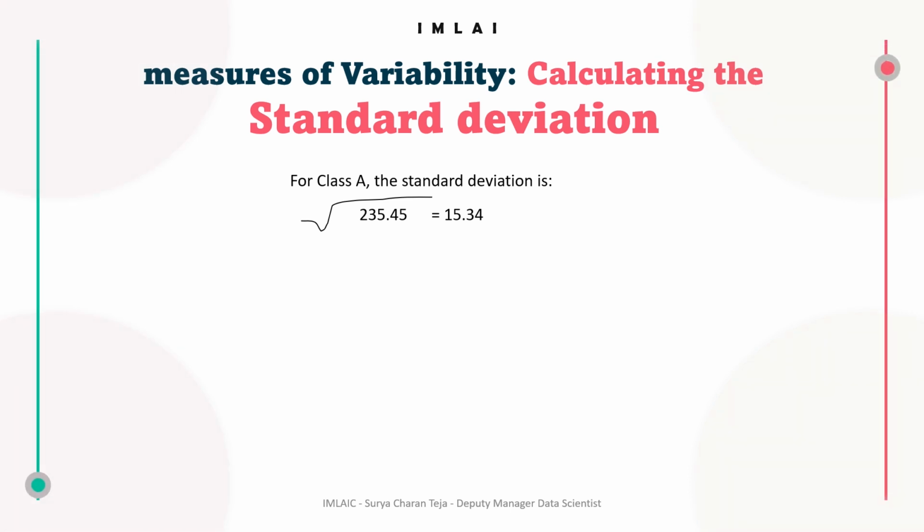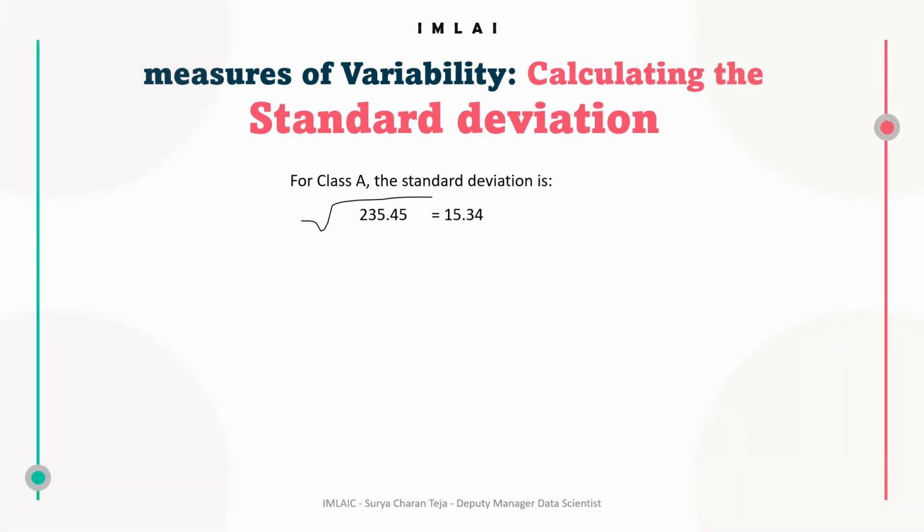What does it mean? When the variance was 235.44, we asked, what does it mean? How does it make sense to us? The same question I'm asking you again.